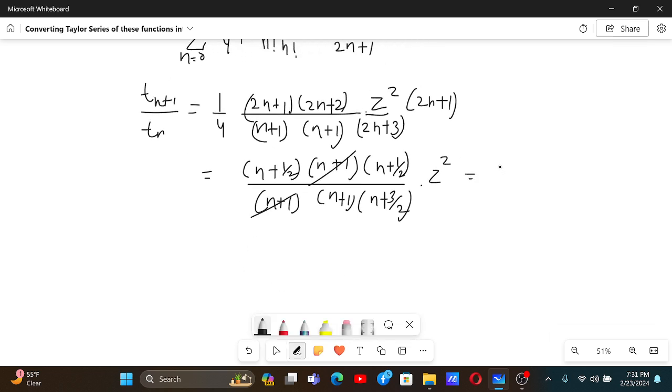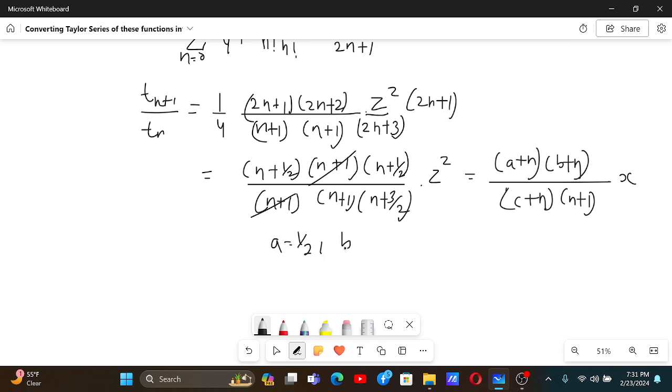So we basically want a plus n, b plus n by c plus n, plus 1, times x. It looks like a hypergeometric series was made for this function here. Now a is 1 by 2, b is also 1 by 2, c is 3 by 2, n plus 1 is there, and x is z square.